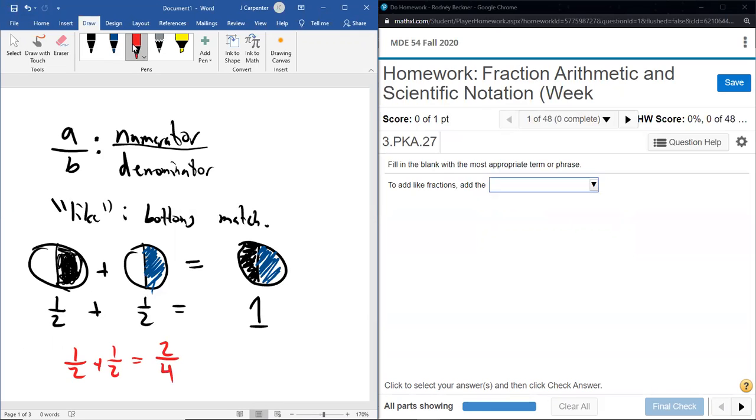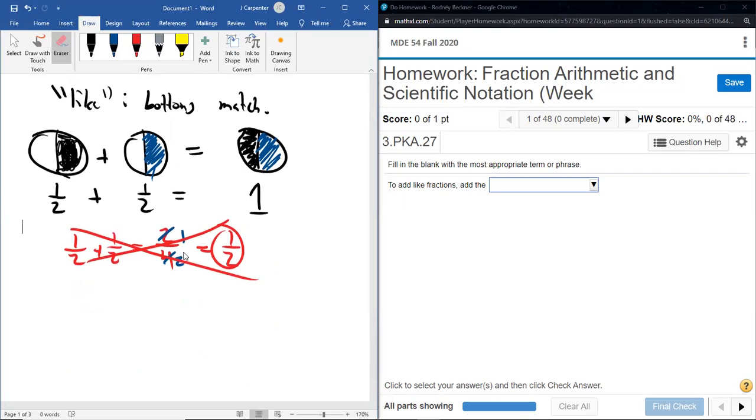But we should know by now in this course, 2/4, you can reduce that as a fraction. 2 goes into 2 once and into 4 twice, which makes this equal to 1/2. And this answer does not agree with this answer. So by adding the tops and the bottoms, you say that a half plus a half is a half. That makes no sense. So something that we did must have been wrong. What we did wrong was we shouldn't have added both things. It's only add the tops or only add the bottoms. So that was wrong. So let's try again.